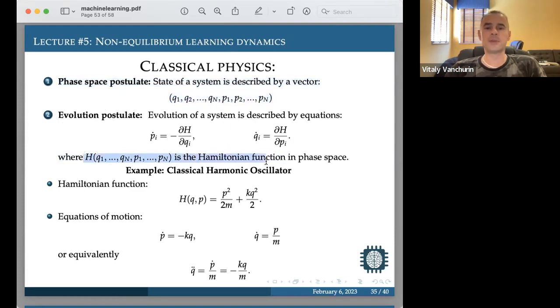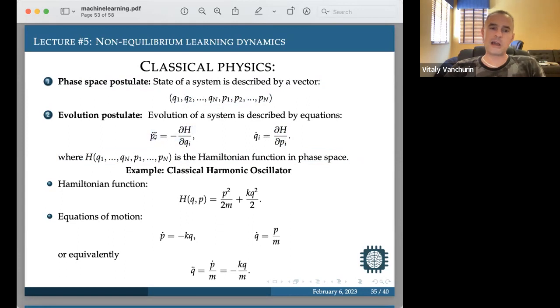Okay, so given this Hamiltonian function, we know exactly how Q's and P's will change. And the interesting property that comes from this second postulate is that they come in conjugate pairs. So Q1 tells P1 how to change, and others also contribute, and Q2 and P1 tells Q1 how to change, and others contribute in those 2 sets of equations.